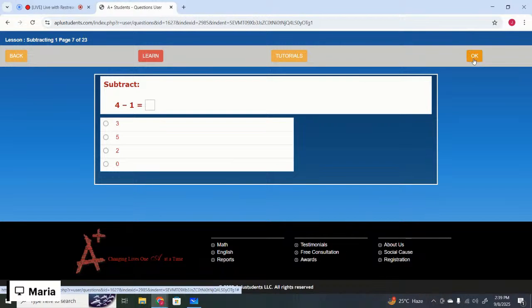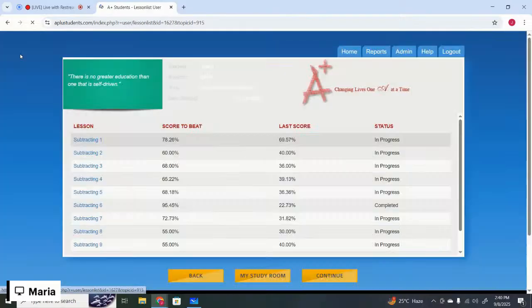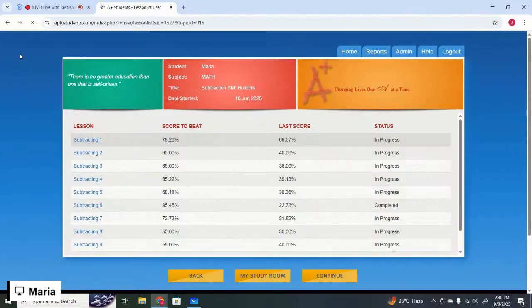Four take away one is three. Option number one is the correct option. Okay, you can complete the lesson by yourself later today.